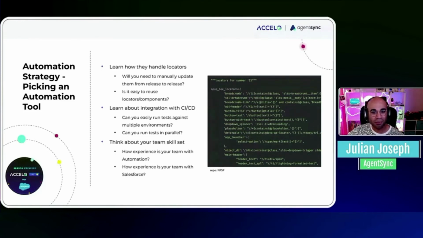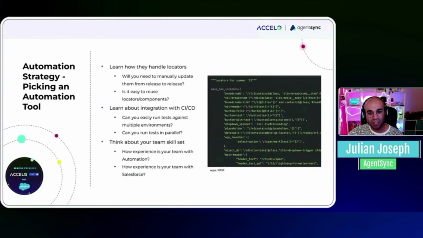And then looking at different ways that these tools might be integrating with CI/CD. I mentioned Cumulus CI, Copado. There are these DevOps focused Salesforce tools out there that really can allow us to run our tests at scale. As I mentioned earlier, you might want to generate different environments and run your tests against these different environments.